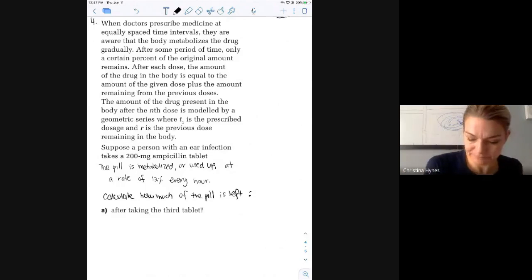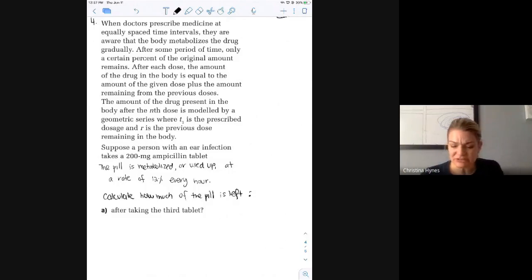Suppose a person with an ear infection takes 200 milligrams of ampicillin tablets. The pill is metabolized, or used up, at a rate of 12% every hour. So 12% is being used up, meaning metabolized, every hour. We want to calculate how much of the pill is left.